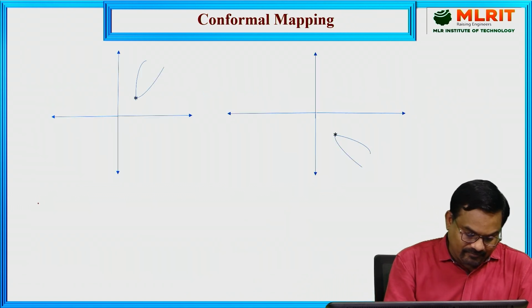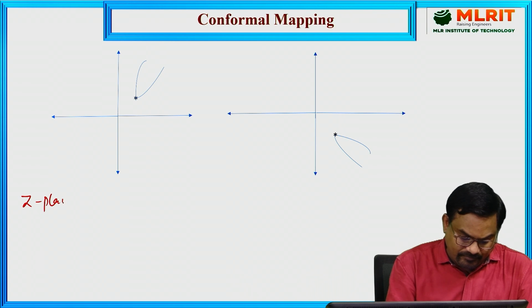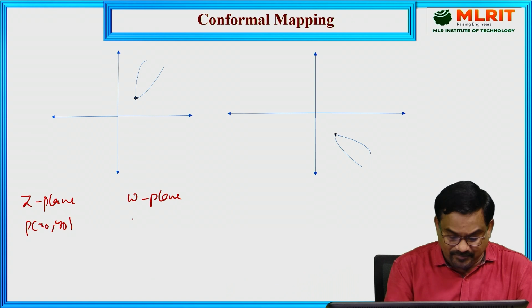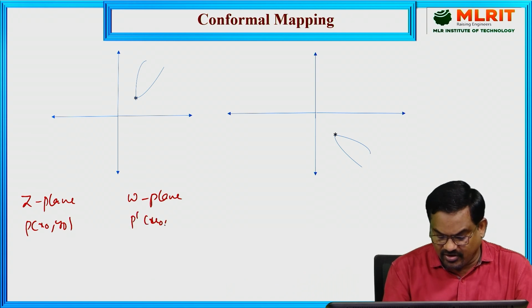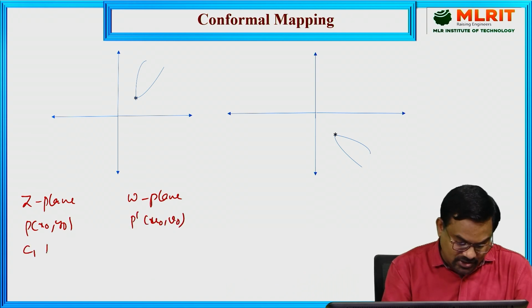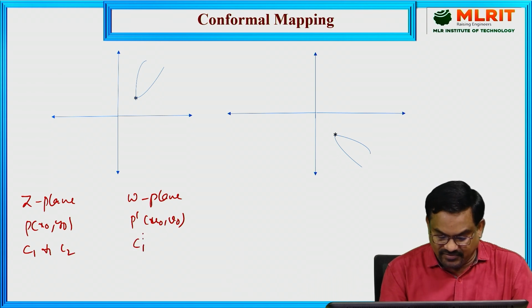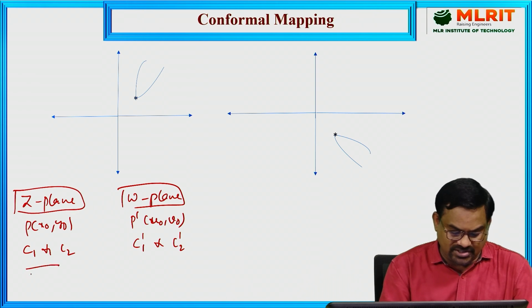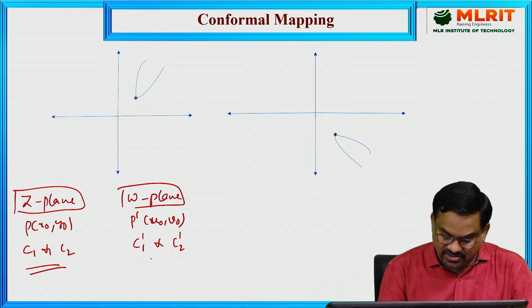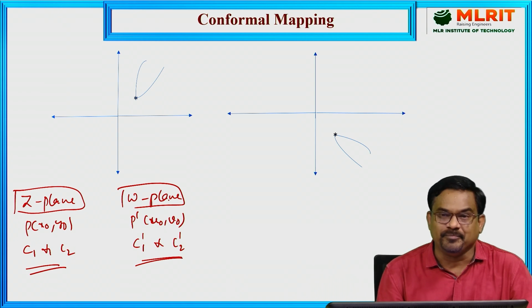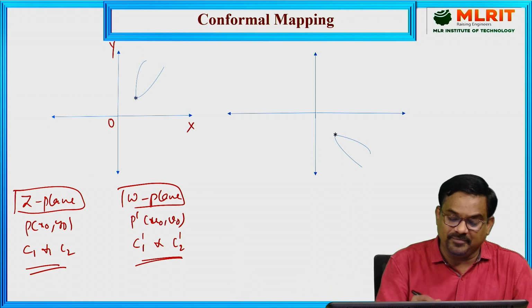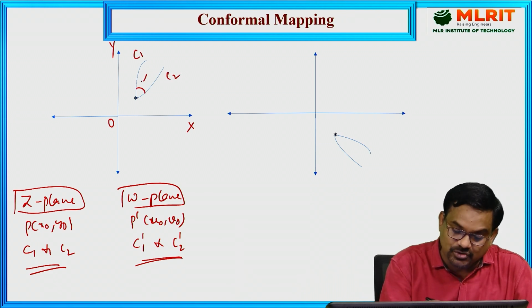Now here we have the Z plane and W plane, and a point P(x0, y0) in the Z plane, and P dash at (u0, v0) in the W plane. We have two curves C1 and C2 in the Z plane, and C1 dash and C2 dash in the W plane. So this is the x axis, y axis, origin, and this is the curve C1, C2, and let us consider the angle between these two curves to be alpha.